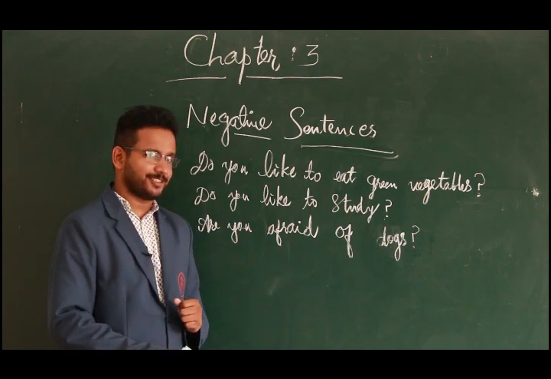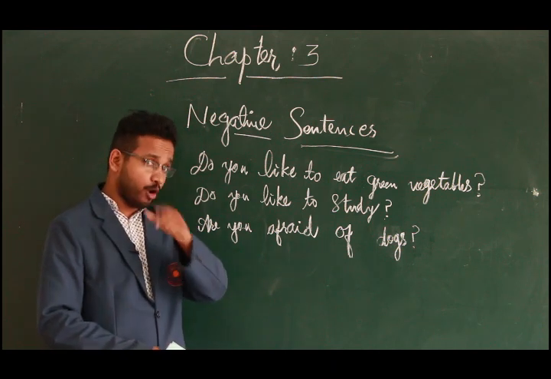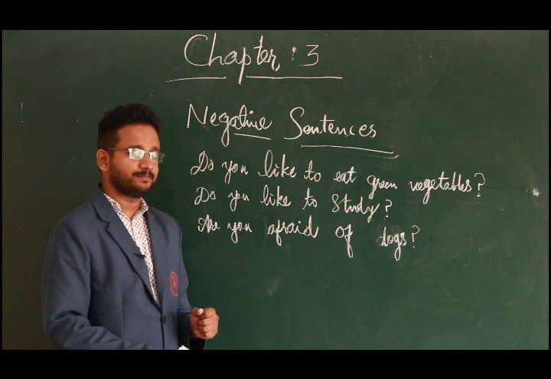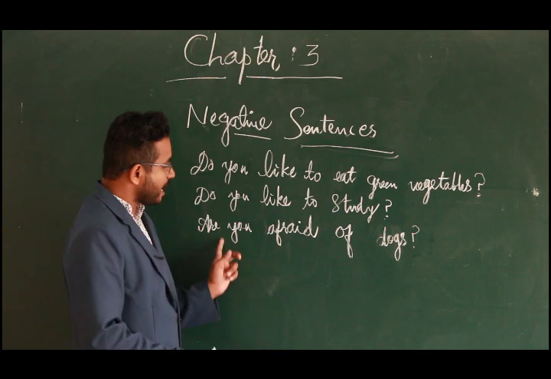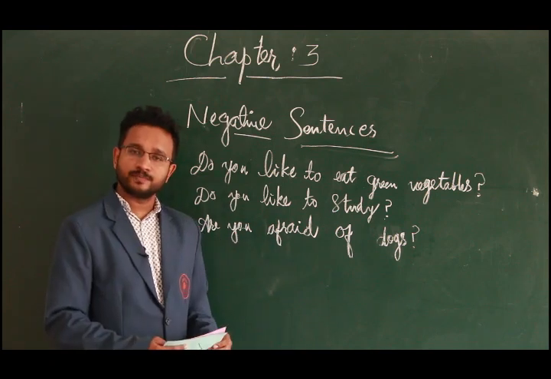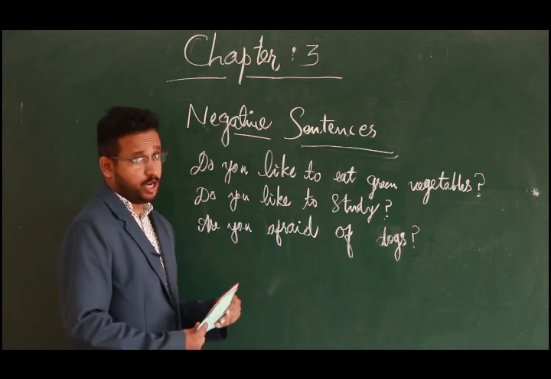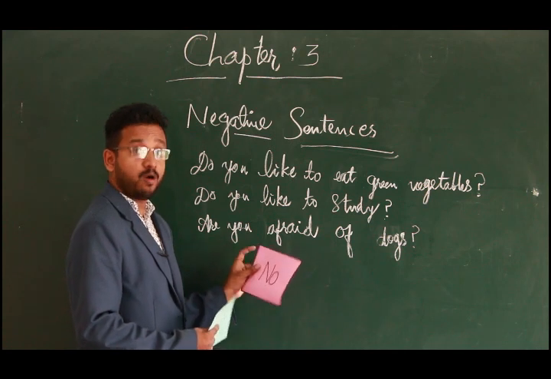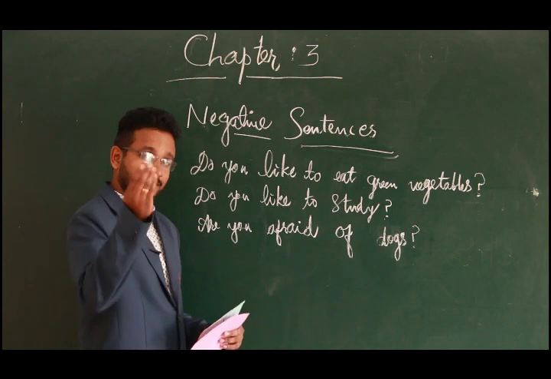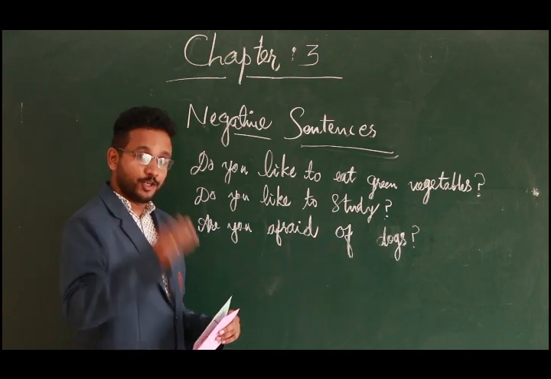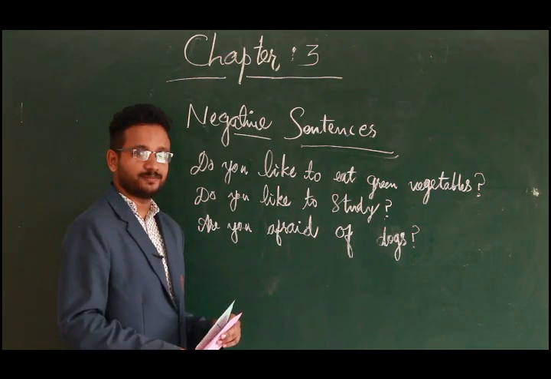You have to answer it. I hope most of you would like to study. Okay. Now, the next sentence. Are you afraid of dogs? No. Or yes. The answer is yours. You have to ask your conscience.